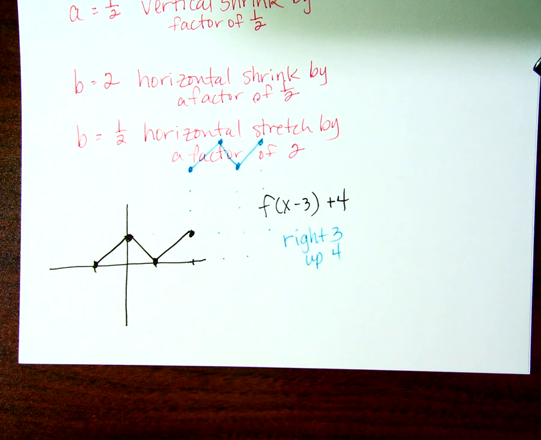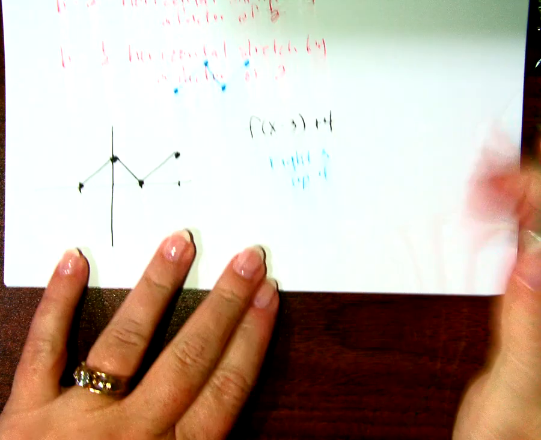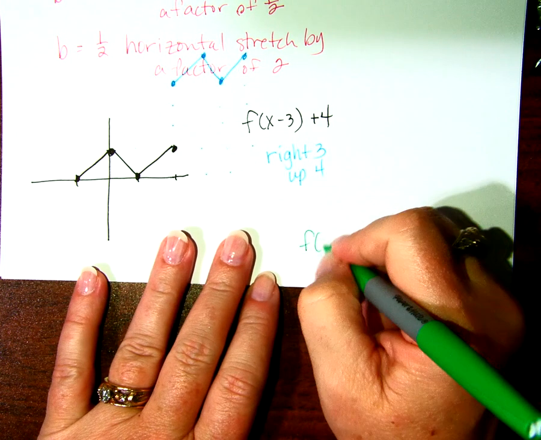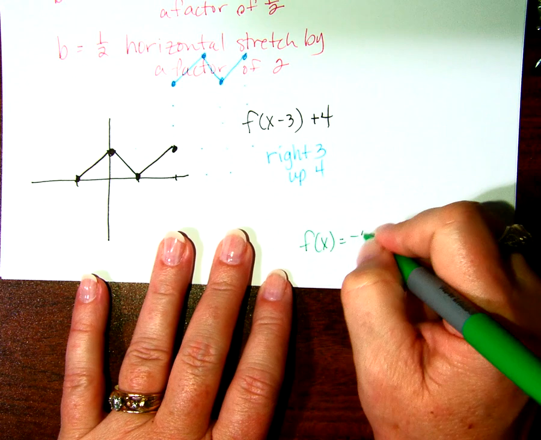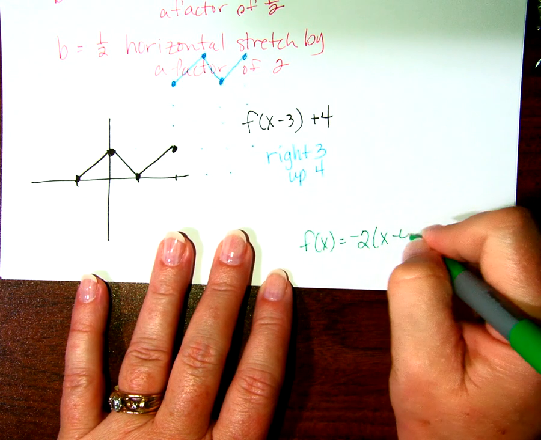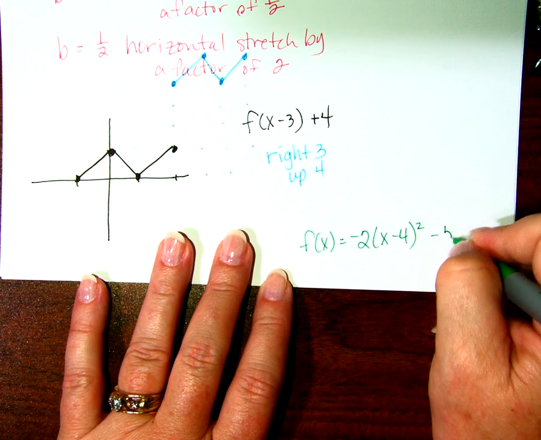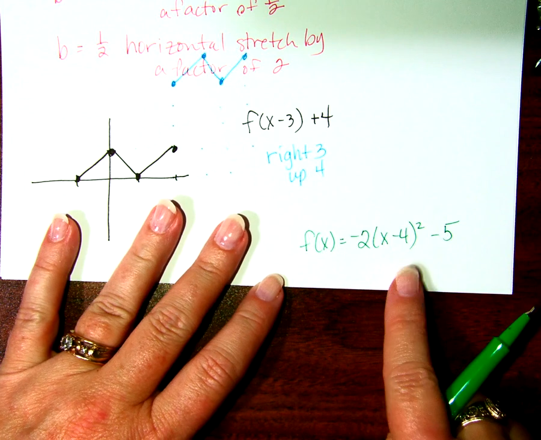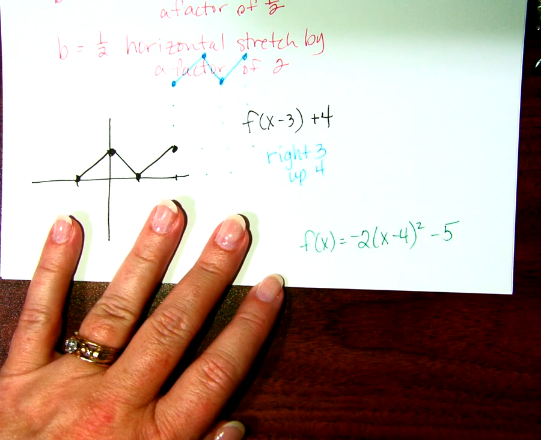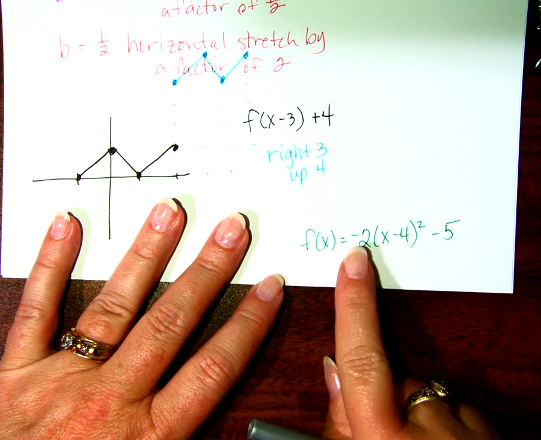But also, in that last objective where it talks about graphing functions involving a sequence of transformations, it could say something like f of x equals negative 2 times x minus 4 squared minus 5. Can you tell me how this changes compared to its parent? Tell me.